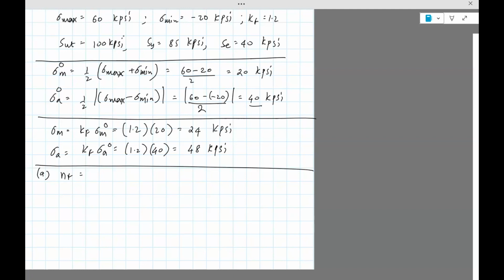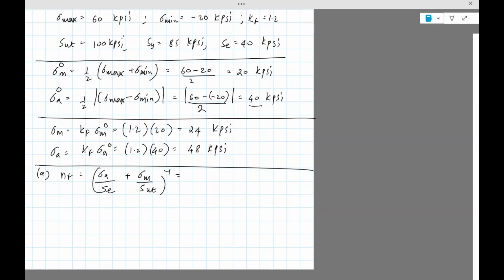Since sigma m is positive, the formula for NF is sigma A divided by Se plus sigma m divided by Sut, all to the power of minus 1.